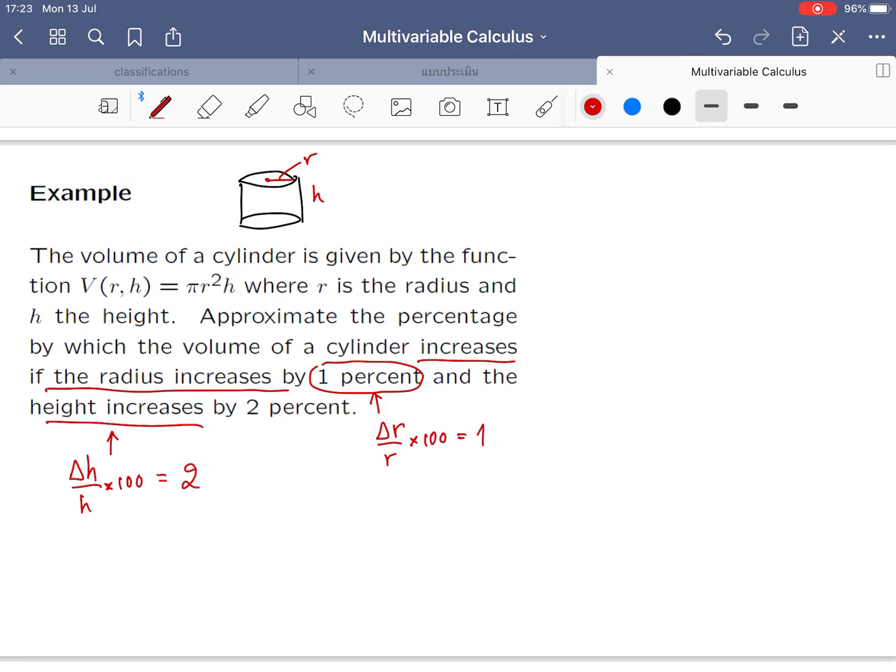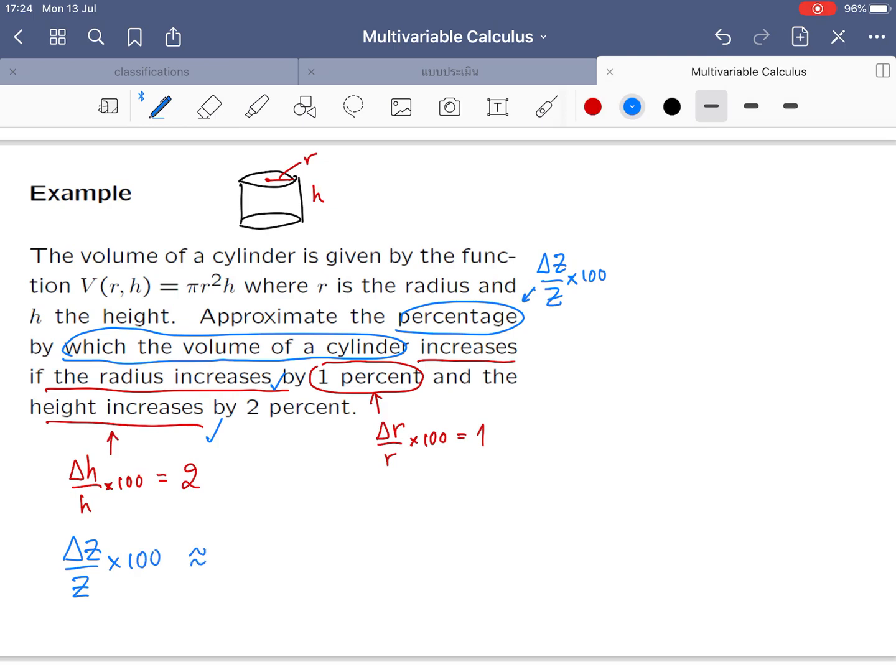So what you need to find is the percent change of the volume. Of course it will increase, right, because you have a bigger radius and a longer height. So it must be increasing, of course. As we told you, the delta z over z, if you need it in percent, you multiply by 100.